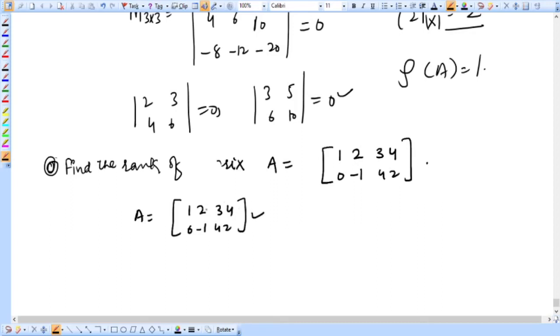So you see it could have only minors of 2 by 2 and minors of 1 by 1, right?